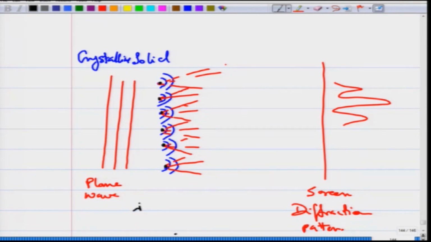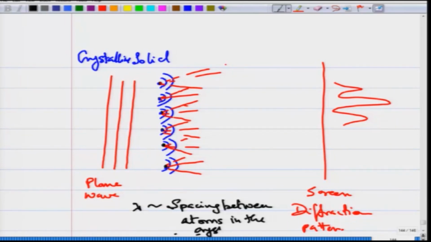The wavelength of light should be of the order of the spacing between atoms in the crystal, and this spacing between atoms in the crystal is very small. It is of the order of 1 to 10 angstroms.